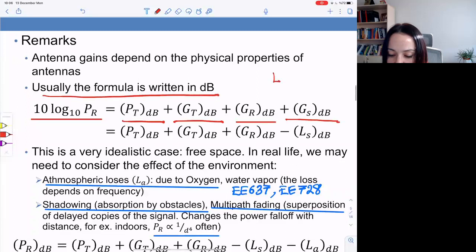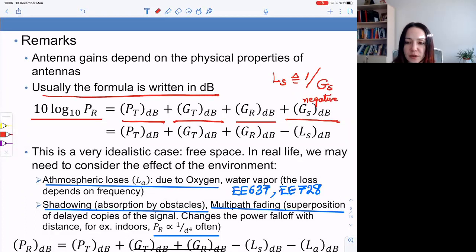Now, we define LS, the free space path loss, as 1 over the free space path gain. Often, the free space path loss itself is, of course, larger than 1. 1 over GS is less than 1. Therefore, this is going to be a negative dB term, right?